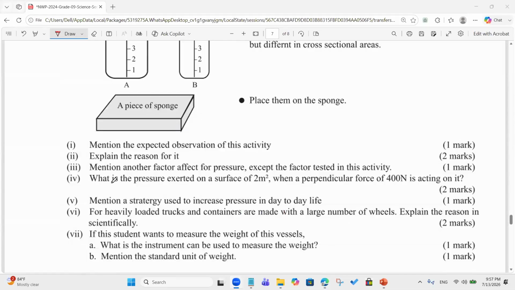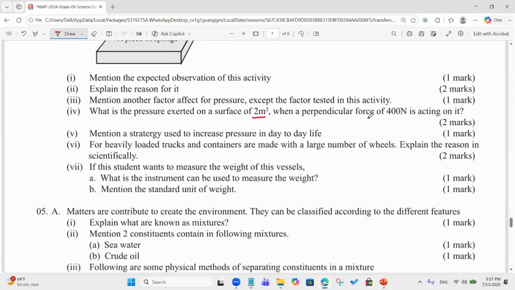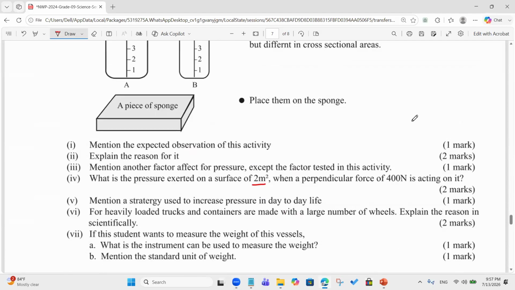What is the pressure exerted on the surface of 2 square meters when a perpendicular force of 400 Newton is acting on it? So you can write P equals F over A. Pressure equals perpendicular force over area.